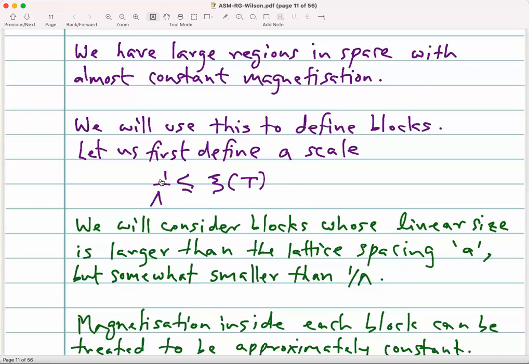So writing 1 over lambda means that lambda is an energy scale. But 1 over lambda smaller than xi tells you that you are taking the larger cutoff, but not as large as the scale over which there is a coherence. Sorry, it is a bit hybrid, but at some point they will all mix. They are all related, in fact.